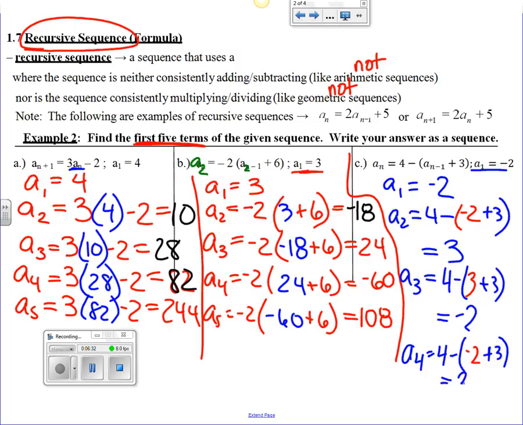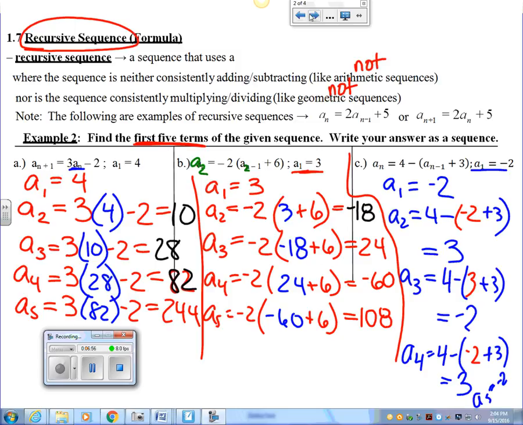And that equals 3. Can anybody guess what A5 is going to be? -2. Why is it going to be -2? It's a pattern. -2, +3. -2, +3. So A5 is going to be -2. That one just happened like that. Sometimes they will.